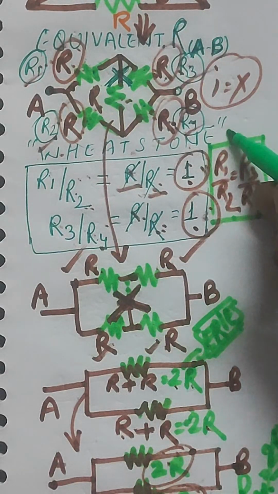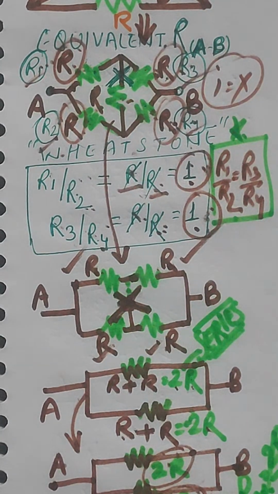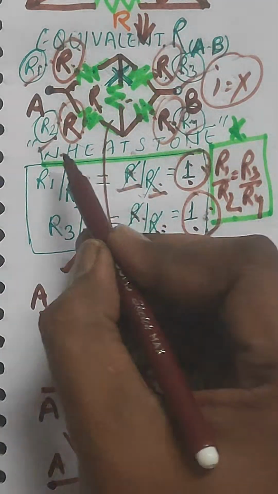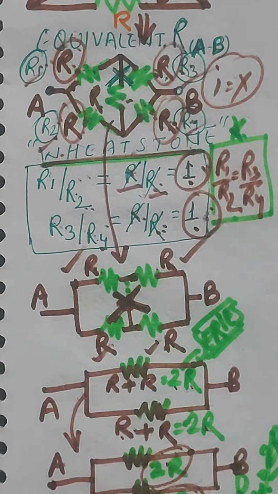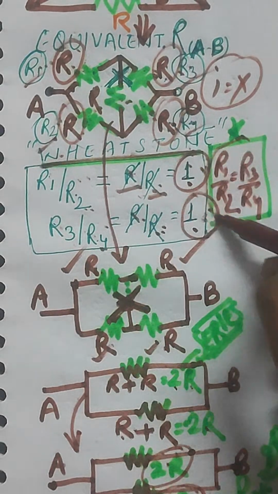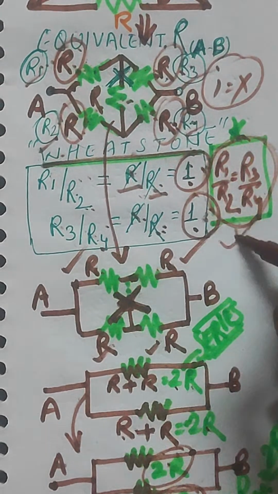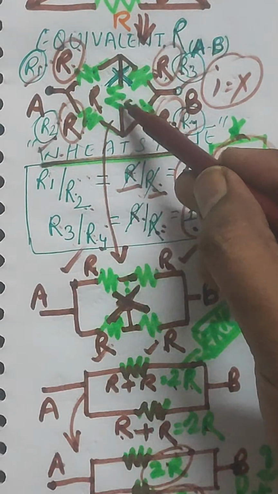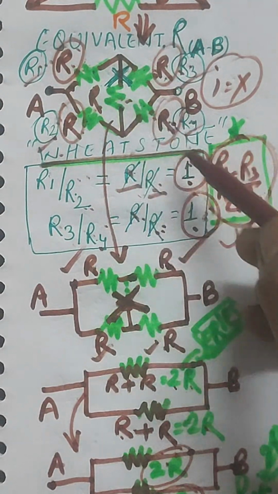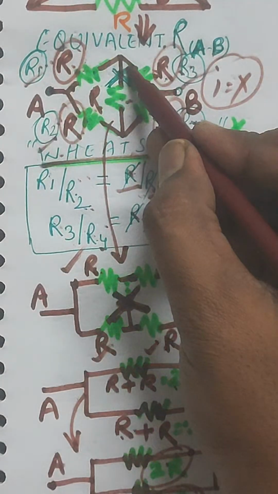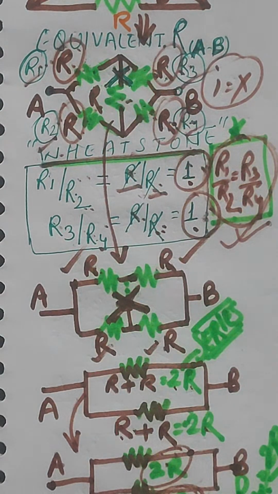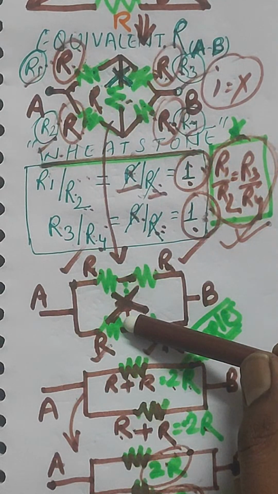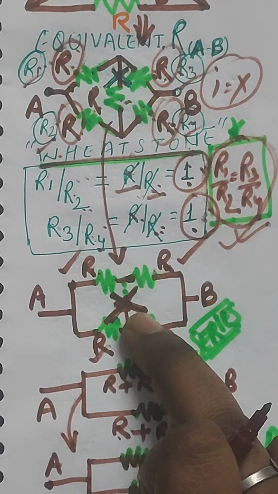Since this criterion is followed, which criterion? The criterion of the Wheatstone bridge. If this condition is followed, then we can say that through this central branch, through this R, there will be no current flowing through it. That's why I crossed it. So the above circuit will be simplified like this, having no central branch.